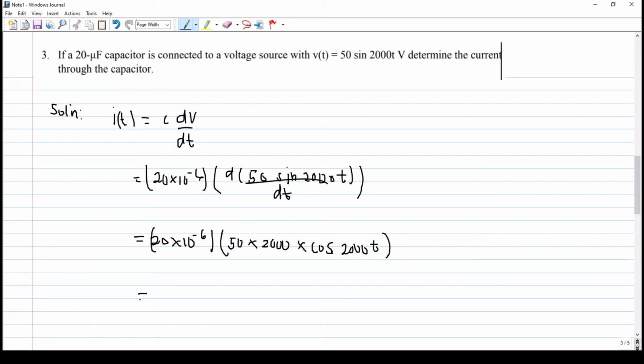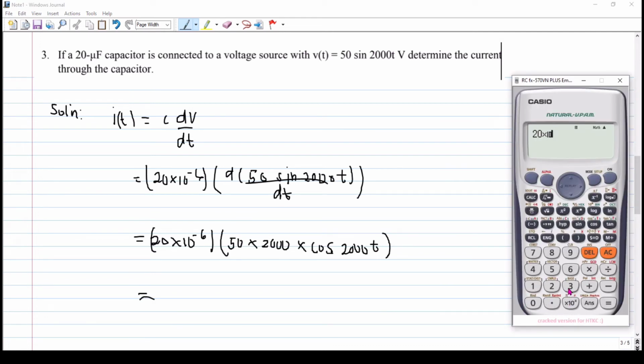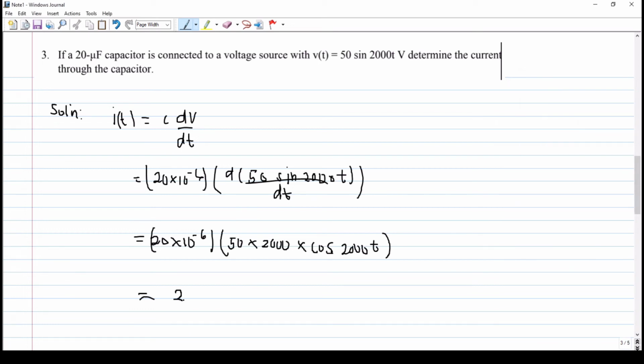So calculate. So 20 times 10 to the power negative 6 times 50 times 2000, that is 2, cosine 2000 t. Okay, so therefore the final answer is i of t equals 2 cosine 2000 t.